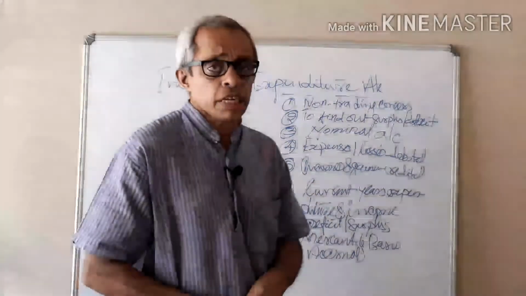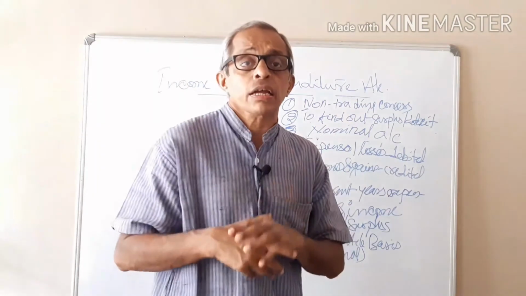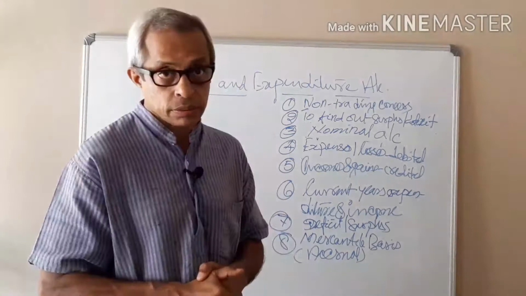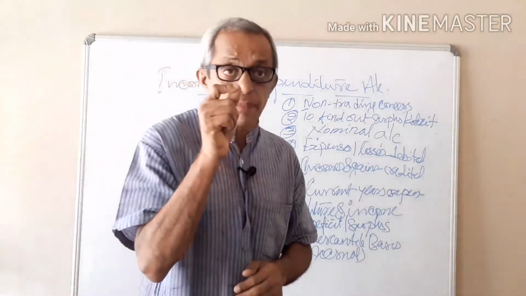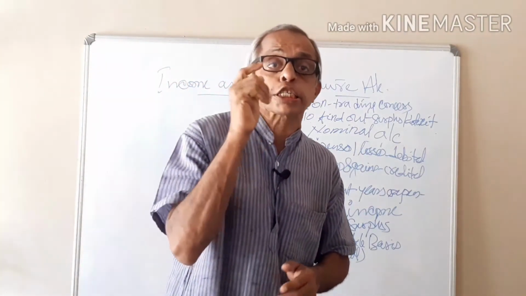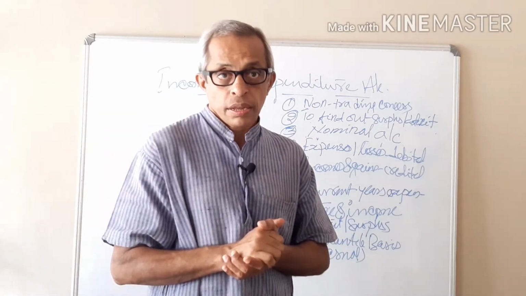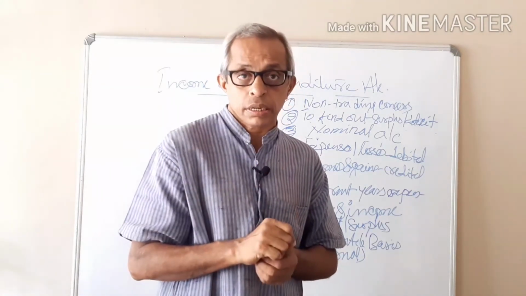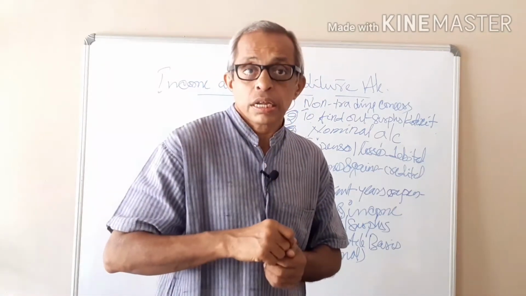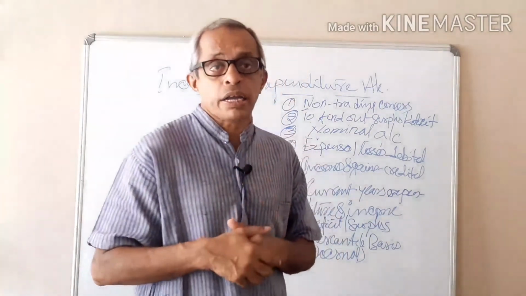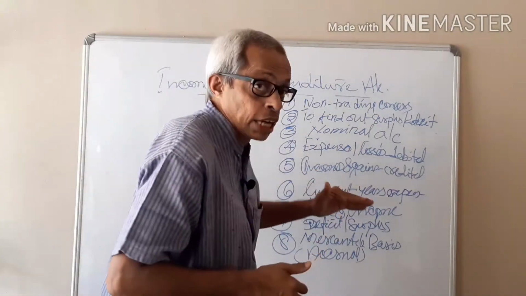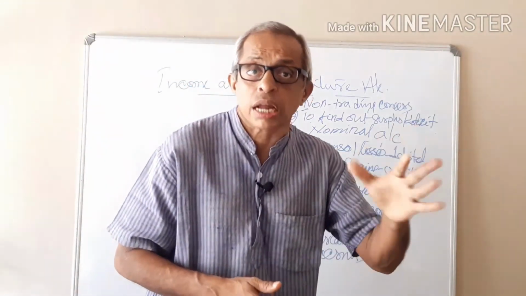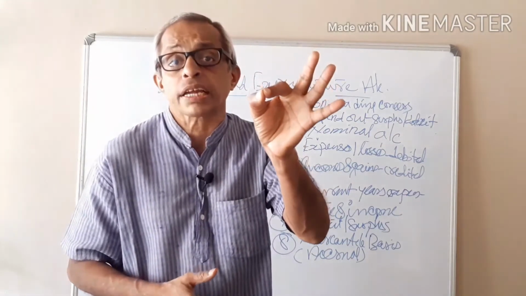And next is, while debiting expenditures and losses, the payment belonging to the current year's expenses is increased by the outstanding amount to be paid during the current year's outstanding expenses.